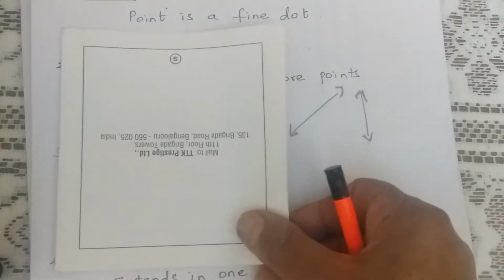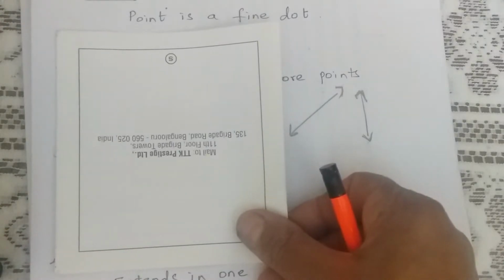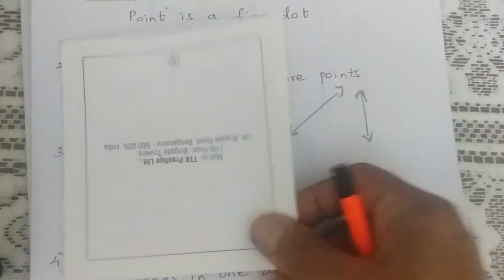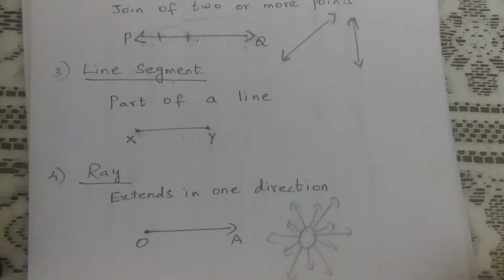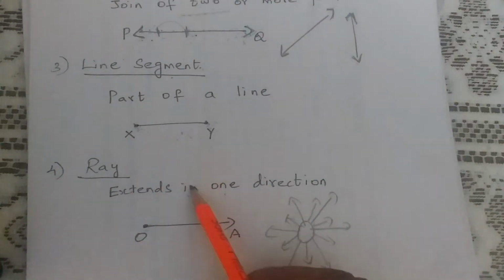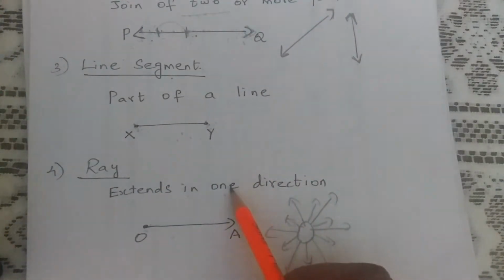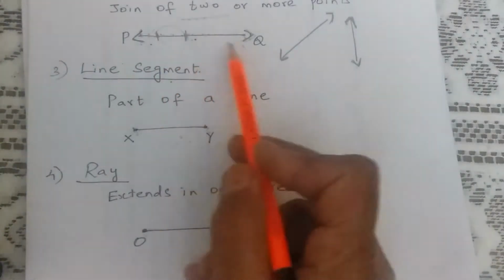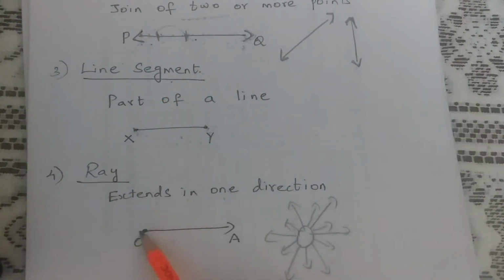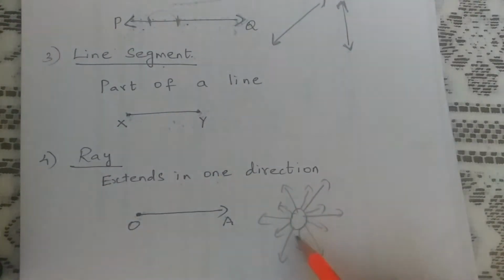Okay, now can you guess what is a point and what is a line segment? Can you get an idea? Yes. Now next is ray. What is a ray? It extends in one direction, only one direction. Line extends in both the directions, but ray extends in one direction. It means it has one end point and there is no end on the other side. The best example is sun rays.